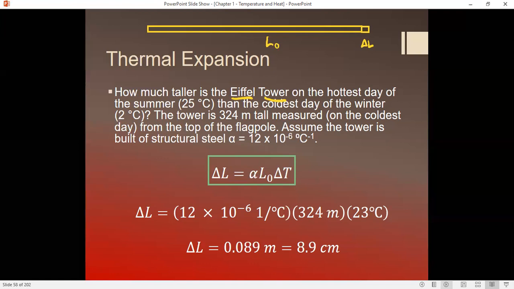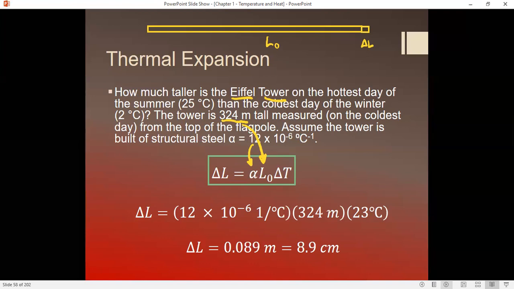Now we start out with a height of 324 meters. This we'll just take as the height on the coldest day. You could use hottest day or coldest day. The expansion that takes place isn't going to be all that great. So we're going to place that as our L0. We will use, for structural steel, the thermal coefficient of expansion, 12 times 10 to the negative 6, 1 over degrees Celsius.